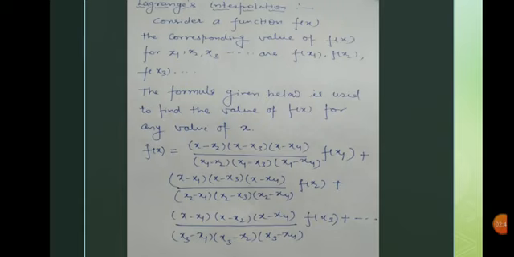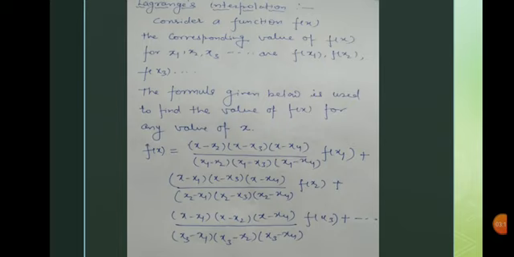So Lagrange's interpolation formula for a function f(x), where the values of f(x) for x1, x2, x3 are f(x1), f(x2), f(x3), then the formula given below is used to find the value of f(x) for any value of x.